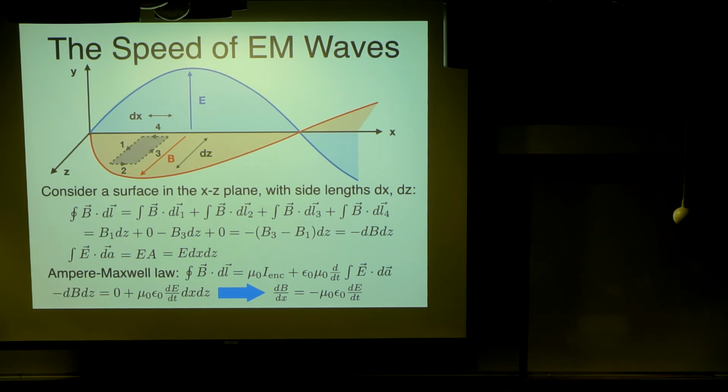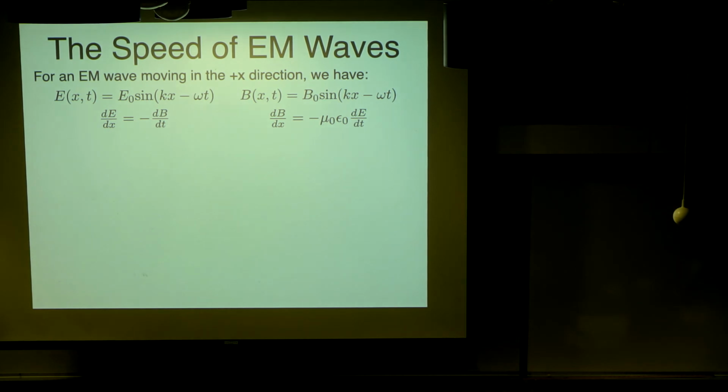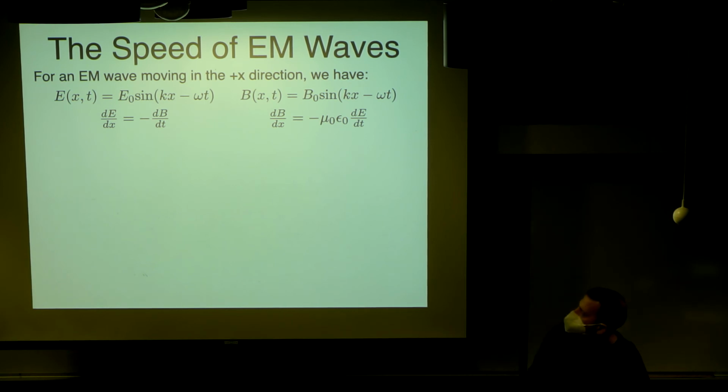So I'm going to start by just showing you what we have so far, okay, because it's kind of a lot. For an EM wave that's moving in the x direction, that's our test case here, we have dE dx equals minus dB dt. That's what we derived just a second ago. We have dB dx equals minus mu naught epsilon naught times dE dt.